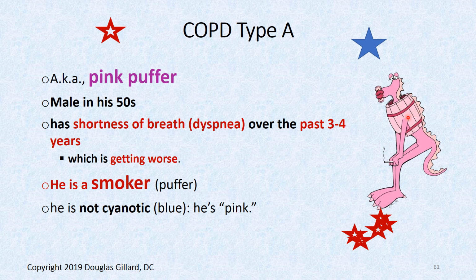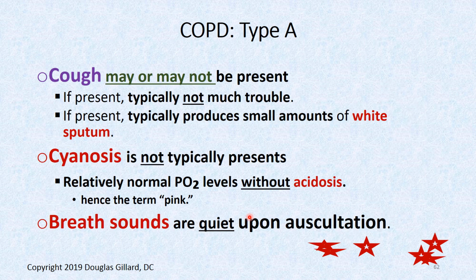So pink means he's not going to be blue colored. He may or may not have a cough, and this may be true more for emphysema patients. They could cough, but it's not a gigantic problem for them. If they do cough, it'll be white and clear. It won't be green and stinky full of bacteria like chronic bronchitis patients have.